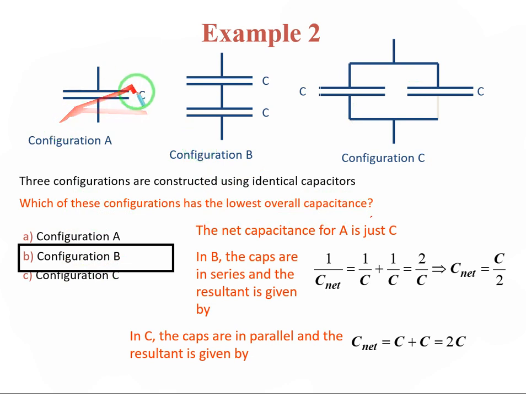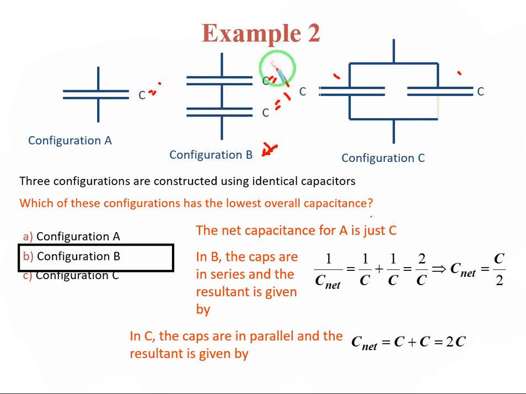Okay, initially we have a C, so let's say this is equal to 1, and this is equal to 1, and this is equal to 1, and again this is 1. So in this case it's 1, in this case it's going to be 2. But in this case we need to change the value.